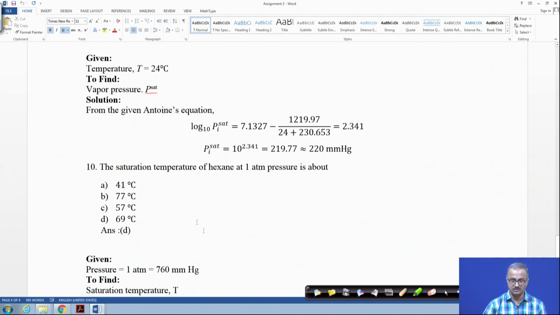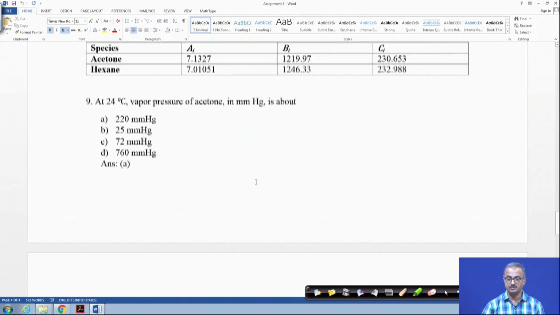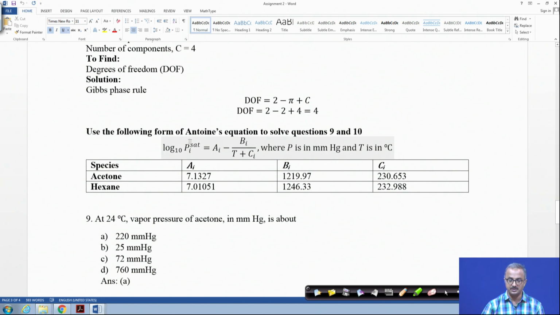Similarly, the last question uses the same equation, but it is for hexane. In this case you have been asked to find the saturation temperature at 1 atmosphere. So it is the other way around: you are given the pressure. For a given pressure you get the saturation temperature, and for a given temperature you get the saturation pressure, so in either case you can use this equation.